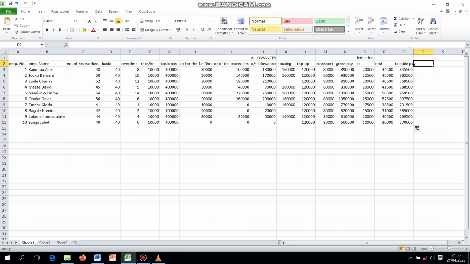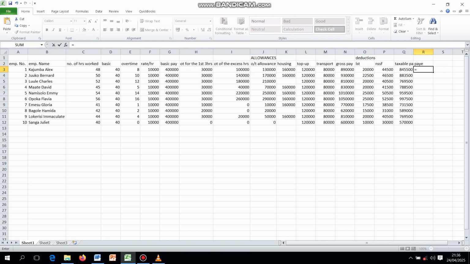Then I'll come here. Then I'll write the per year, which is known as the pay as you earn. So to get it, since we are given pay is deductible from the taxable pay as follows. That's why I had to first calculate the taxable pay, because I'm going to use it here in per year. So I'm going to use our formula, which is equal sign.